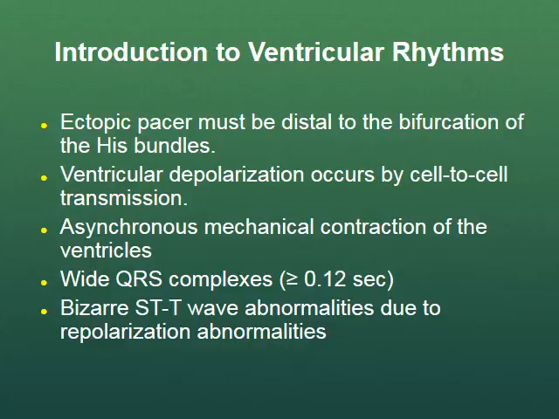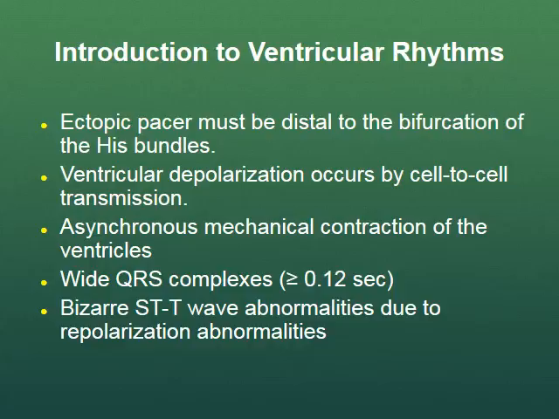In ventricular rhythms, depolarization occurs cell to cell, which you guys should remember we discussed. It takes longer, it's slower because it's not down the natural pathway of the heart. You're going to have asynchronous mechanical contraction of the ventricles, meaning that as you see your QRS complex, since the natural pathway of electricity is not being followed, you're not going to have contraction of the ventricles at the same time.